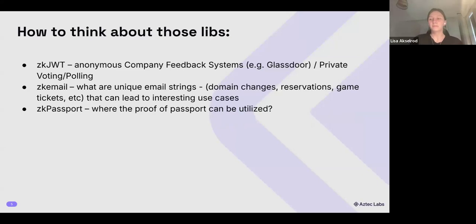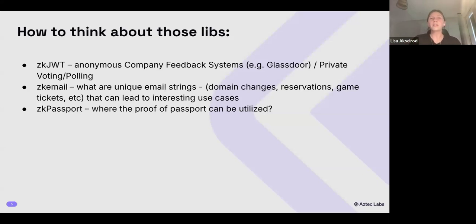How to think when you see these libraries and wonder, okay, these look very cool, how can I use them? Here is a mental model of how to think about the libraries. When it comes to JSON Web Token, if you are thinking about anonymous company feedback systems, such as Glassdoor, private voting, or private polling, this library might be handy for you. When you think about ZK Email, think about what unique email strings you might want to prove.